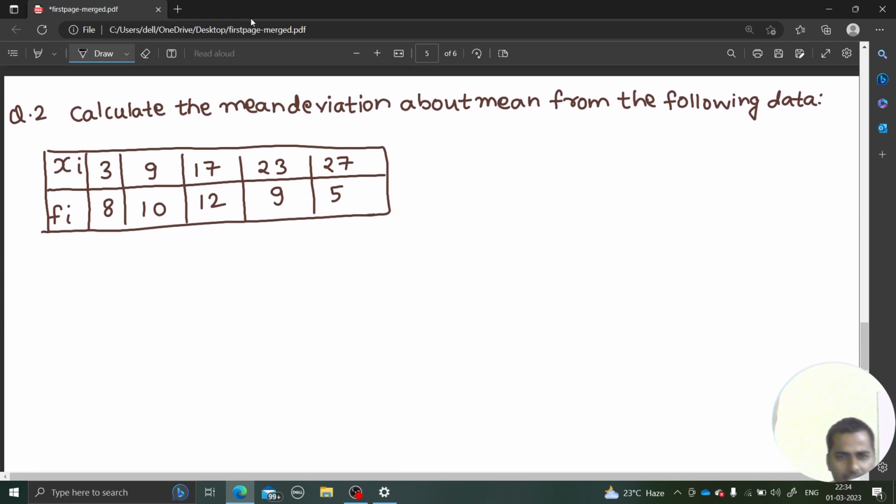Calculate the mean deviation about mean from the following data. Okay, so this is another type of data.